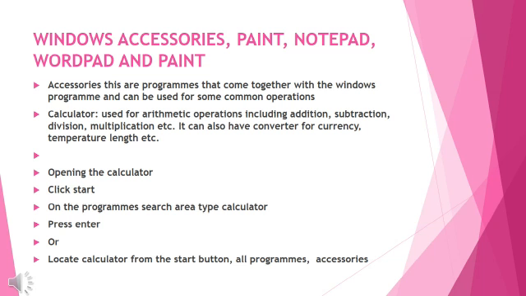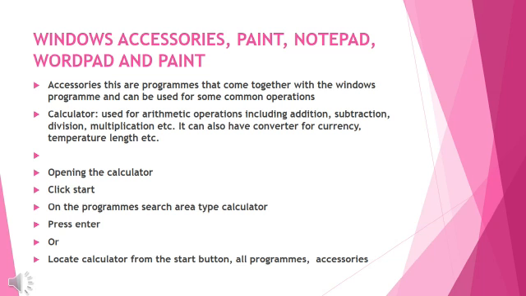Those programs are what we are calling accessories. An example of an accessory is the calculator. A calculator is used for calculations, basically number work, doing simple or complicated calculations. It is used for arithmetic operations including addition, subtraction, division, multiplication, etc. It can also have a currency converter, a temperature converter, a length converter, etc.